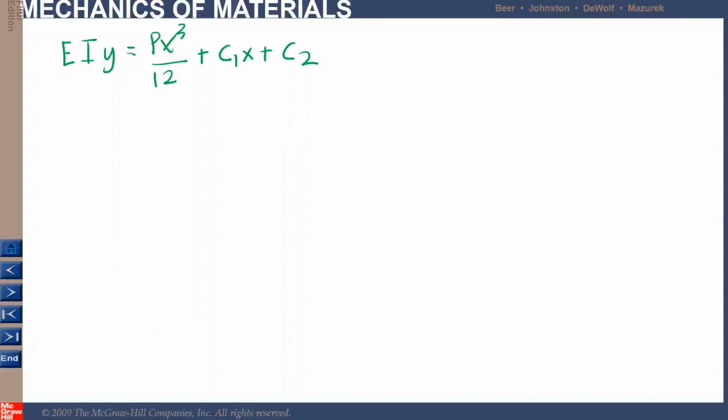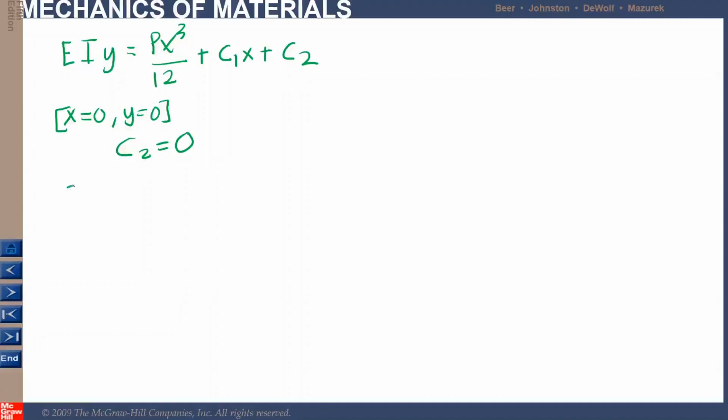Okay, so from our question just now and the boundary condition, we can solve for this one. By using the first boundary condition in which x equal to 0, y equal to 0, we can get the value of C2 is equal to 0.